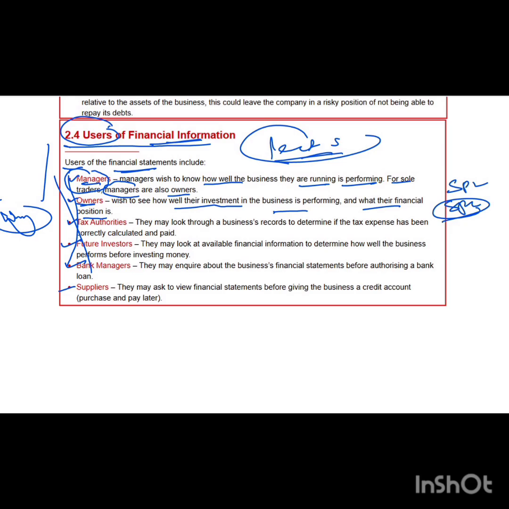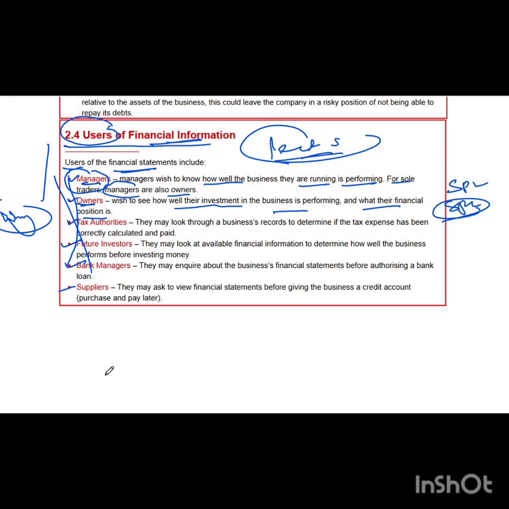When the tax authorities see all the financial information, they calculate what the tax will be, and they also look at how much the business has already paid or will pay. So the main concern is tax purposes. They may look through the business records to determine if the tax expenses have been correctly calculated.